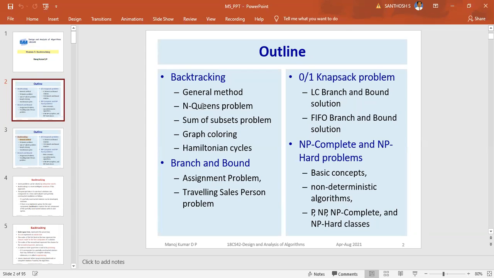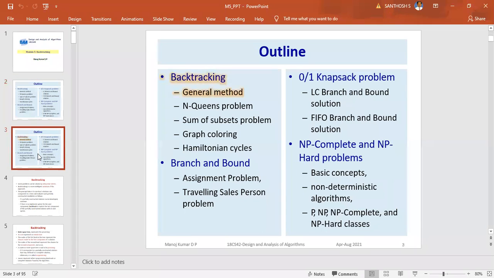All these are applications of backtracking. After that, we apply backtracking to some applications like the assignment problem, traveling salesman problem, knapsack problem, and NP-complete and NP-hard problems.